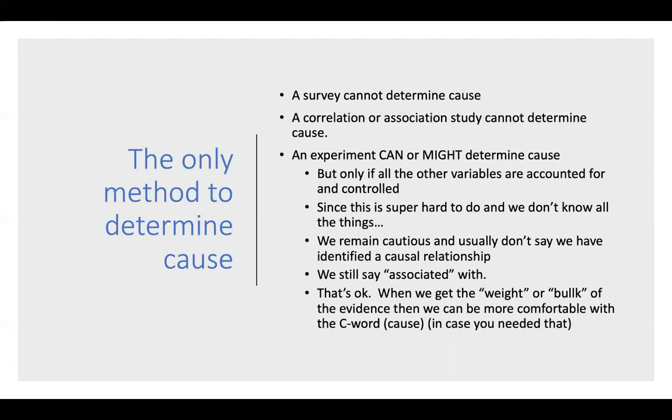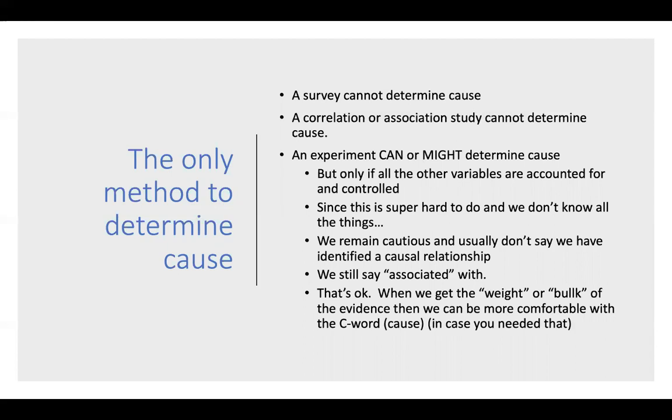And that's where the challenge is, because you may not know all of the things. So if you know all of the things, that's unlikely, but if you do, and you can control all of the things, then you can be pretty confident in saying, well, this is the cause. You can do that much more easily in a lab setting.